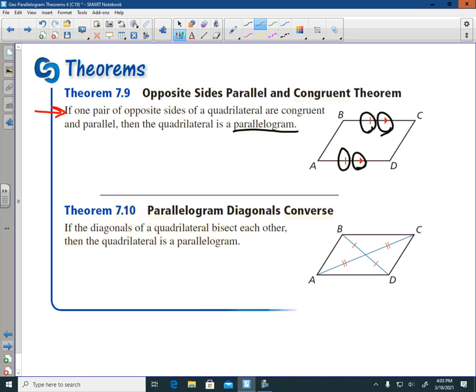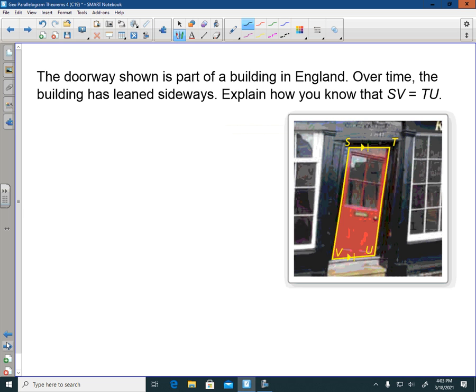And the last thing, if you know that the diagonals of a quadrilateral bisect each other, then that quadrilateral is for sure a parallelogram. The last four theorems that we've talked about are all tests to see if you have a parallelogram. All right, so let's work with these ideas for a sec.